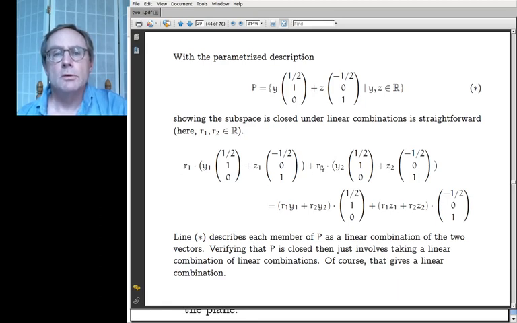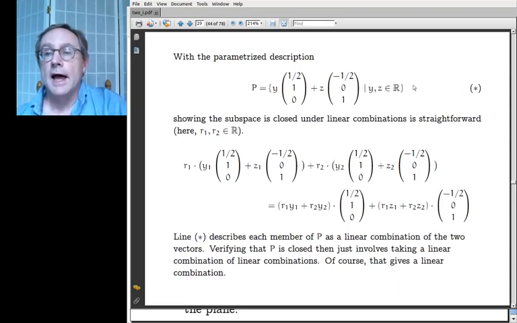I want to show that the result is the third of these, that it's something times this vector plus something times this vector, and of course it is. r1 y1 plus r2 y2 added together times the first, r1 z1 plus r2 z2 times the second. So when you have the description parameterized, it's very easy to see that a linear combination of two of them makes a third that's of that form.